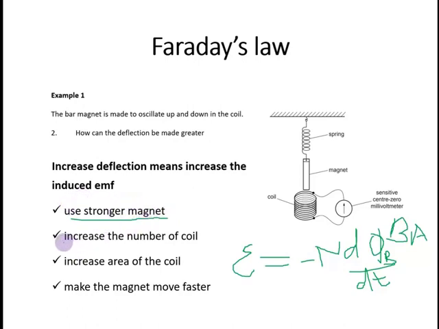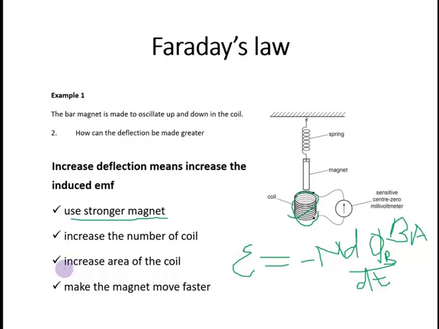Then we can also increase the deflection by increasing the number of turns here. So we just have to make n greater. Instead of 500 or something, we can make it 1000, 1500, whatever. Then it will make the induced EMF greater.